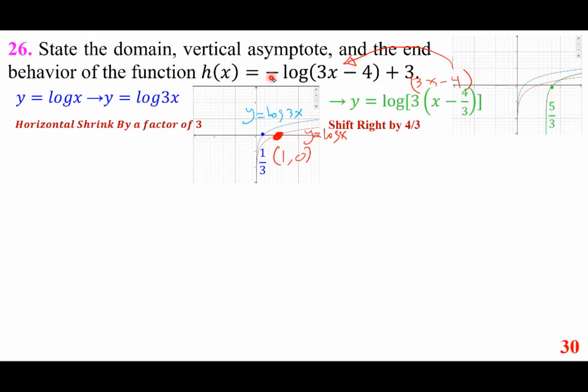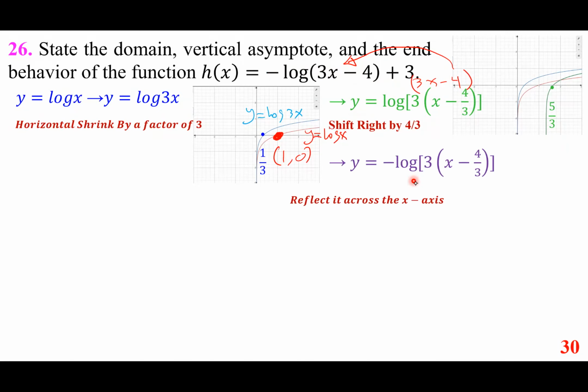Now we're going to do this negation. We're going to flip this over. So when we put the negative in front of the whole log function, it flips over with respect to the x-axis. So the green function will flip over and looks like this function.